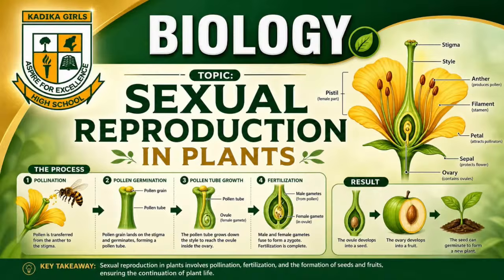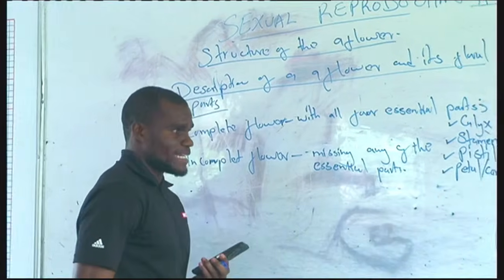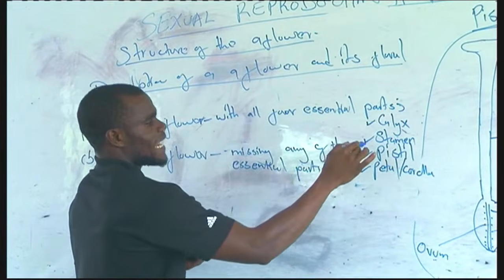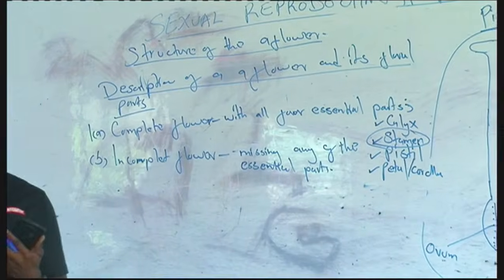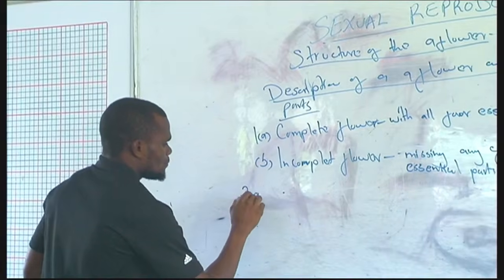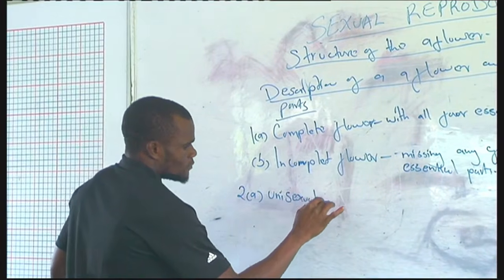So you can find that it is a flower with only the pistillate part or the staminate. So it is a flower that can lack any of the four. And then 2, we have unisexual flower.